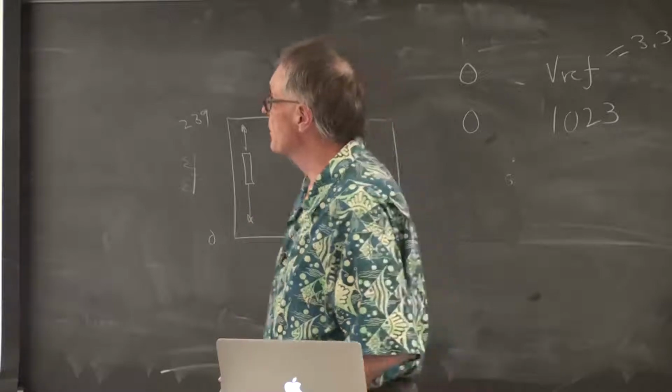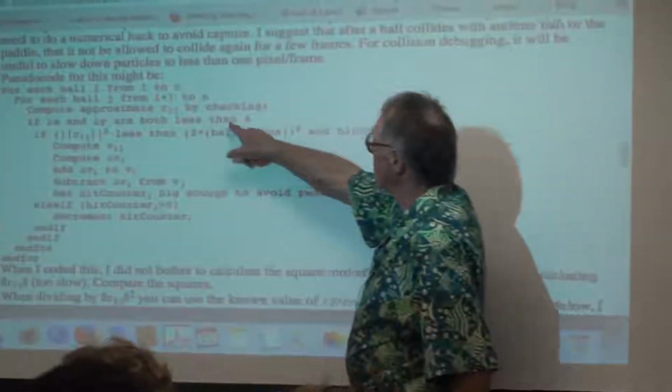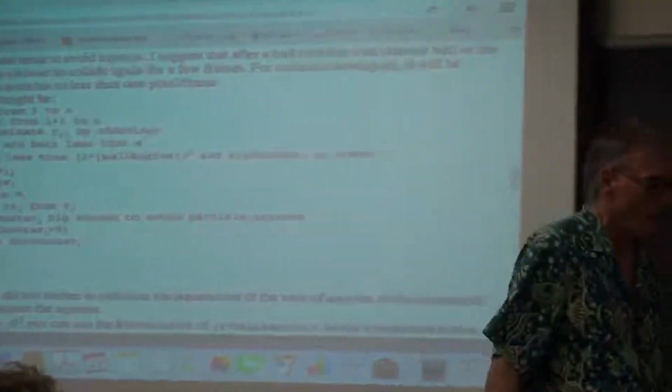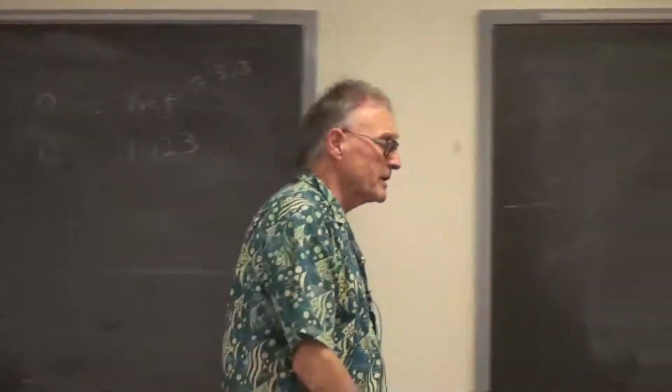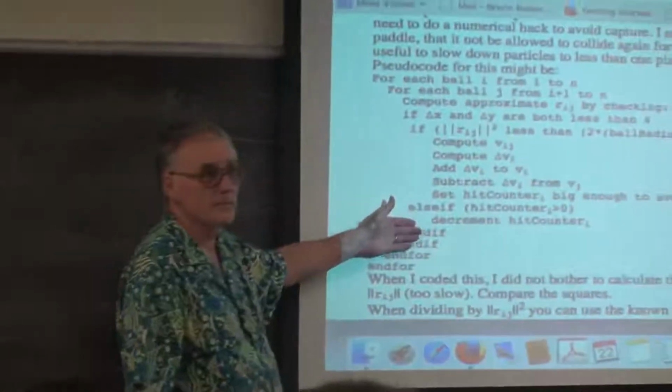If we look at the pseudocode, the first step you do is find out if delta x and delta y between the two balls is less than 4. If both delta x and delta y are not less than 4, you don't do anything else here.